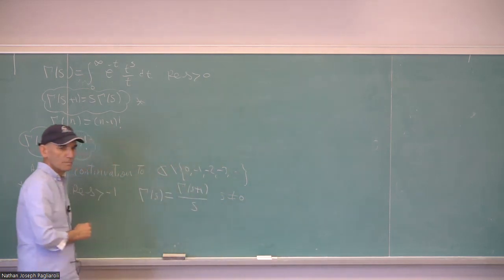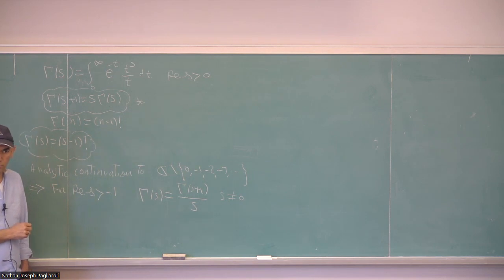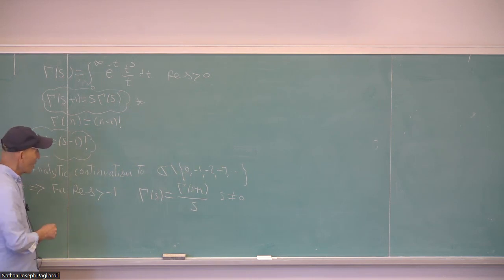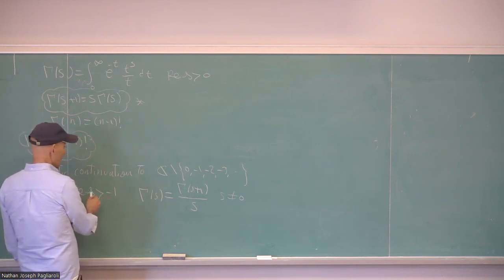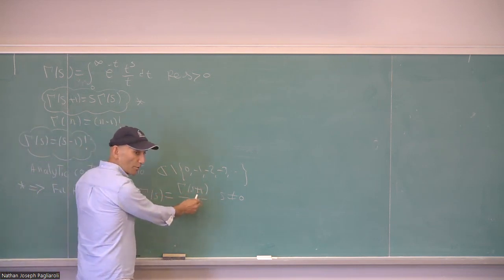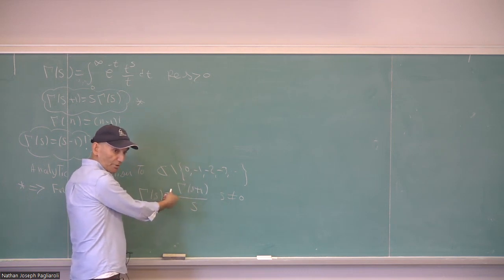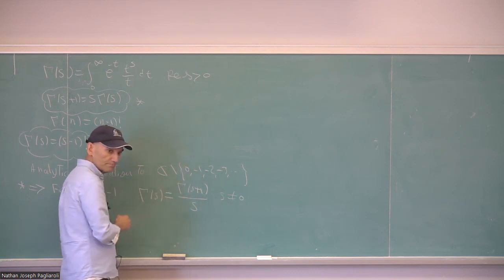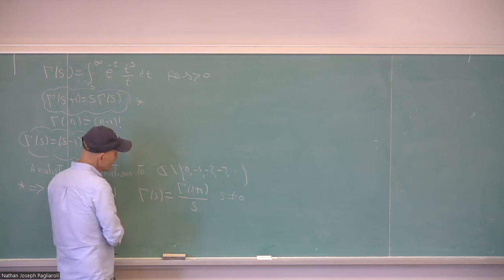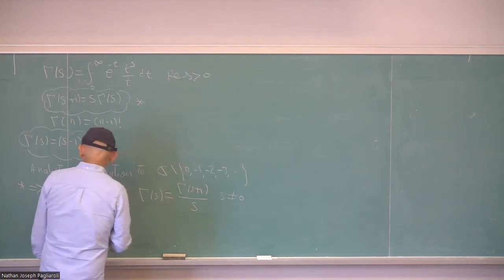Okay? We need s plus 1 real part to be bigger than 0 in order to use the original definition of gamma for that, right? Yeah? Right. So this is so far what we did.